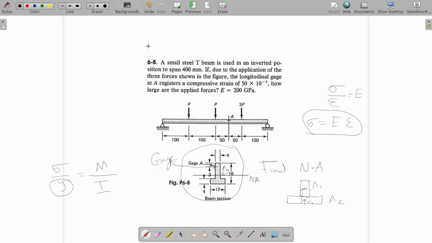So we can calculate stress from strain and material property, which is sigma here, and y is nothing but the distance between the position where gauge is placed and neutral axis, which is y.